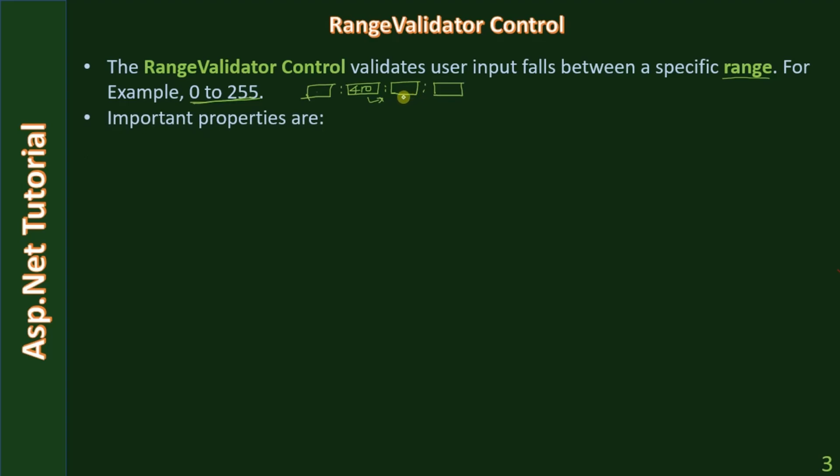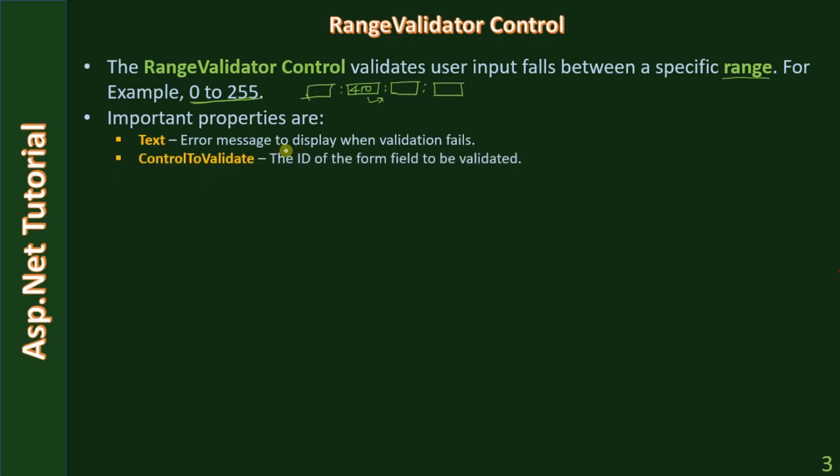Important properties for range validator controls are: Text, where you can specify the error message to display when validation fails. Control to validate, where you can specify the control ID that is hooked to the range validator control.